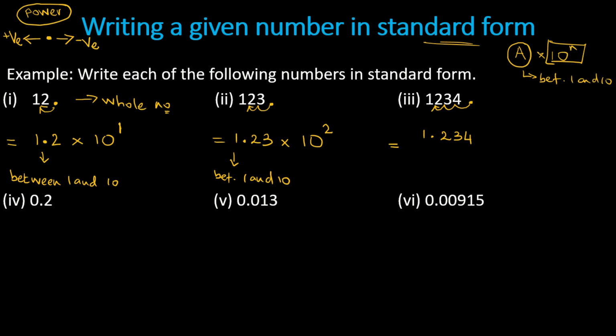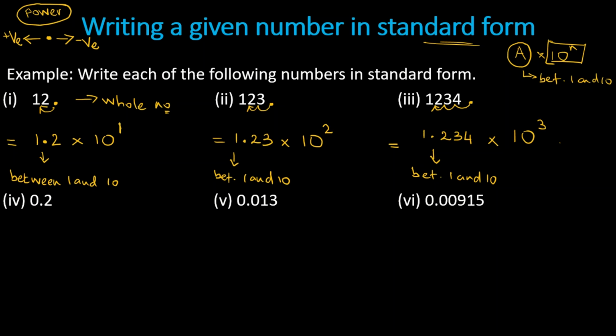Is it between 1 and 10? Yes. So we stop here. We write down times 10 to the power of, how many decimal places have we moved? 3 decimal places. In which direction? Left. So the power is positive 3. So the answer is 1.234 times 10 to the power of 3. This is pretty easy.